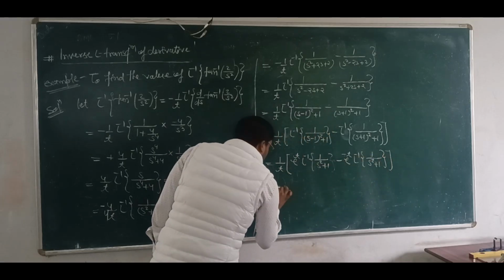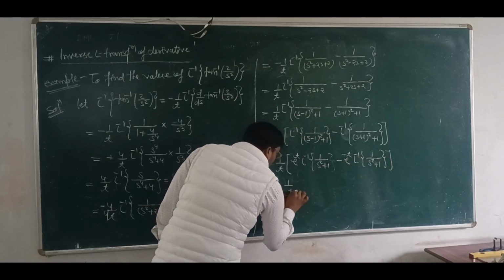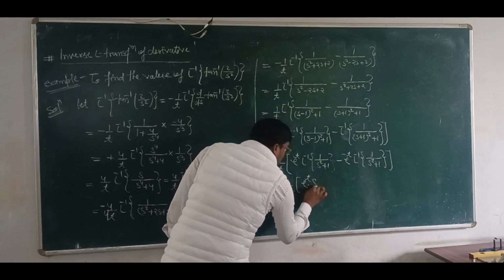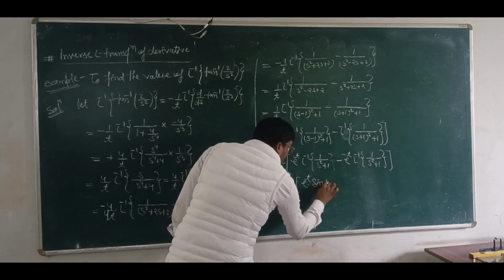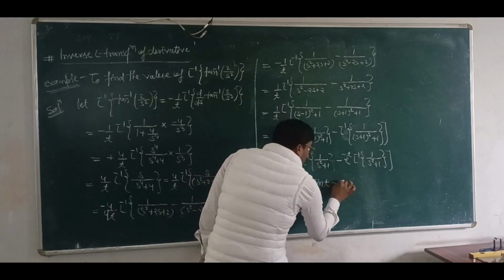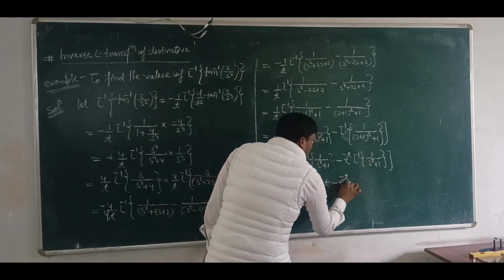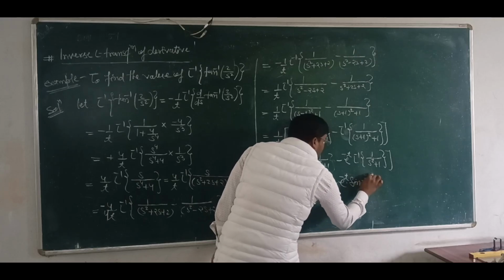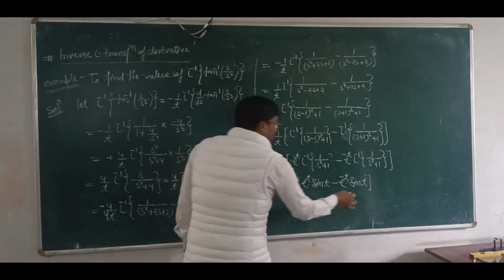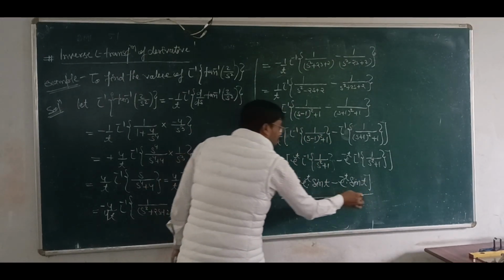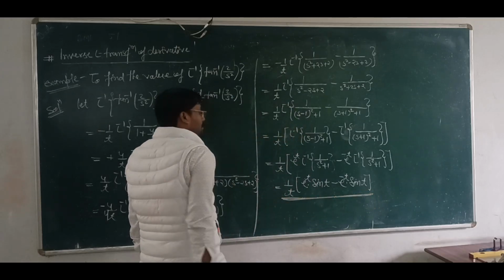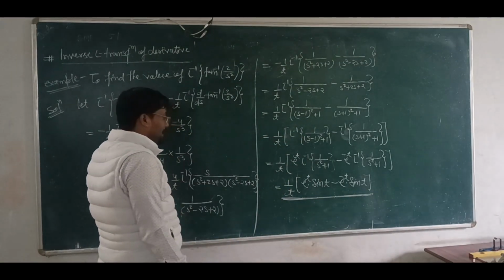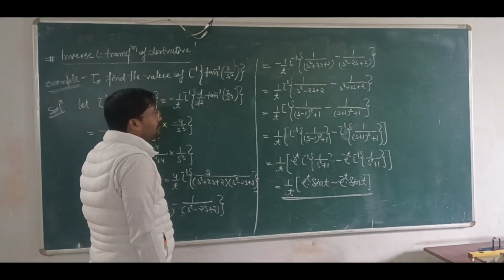Now you can say that 1 upon t (e to the power t sin t minus e to the power minus t sin t). This is your final answer.